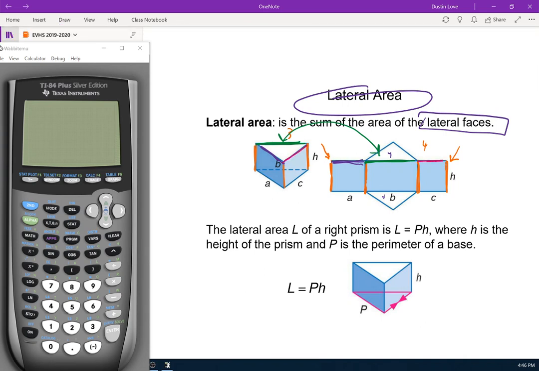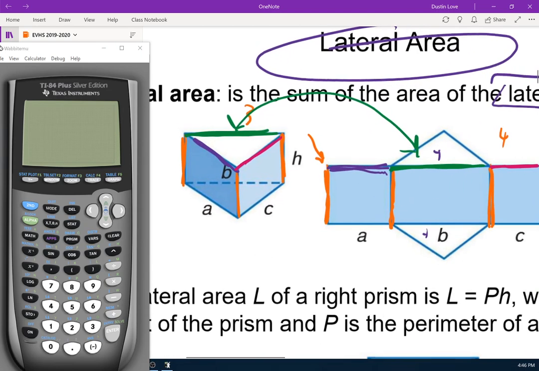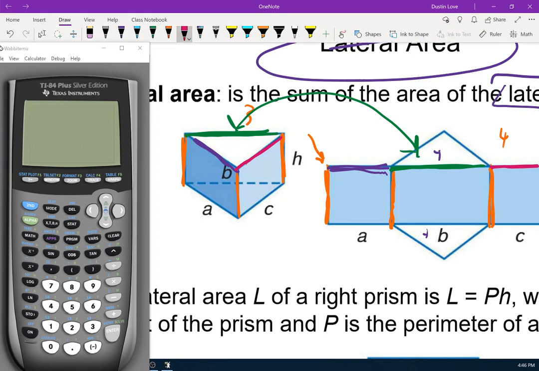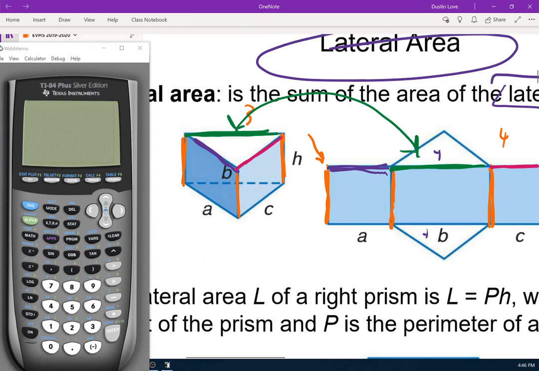The reason I do that in the 3 colors is, notice what's going on here. If I was to add the green plus the purple plus the pink on the prism, that would be the perimeter of the triangle, or the perimeter of the base.